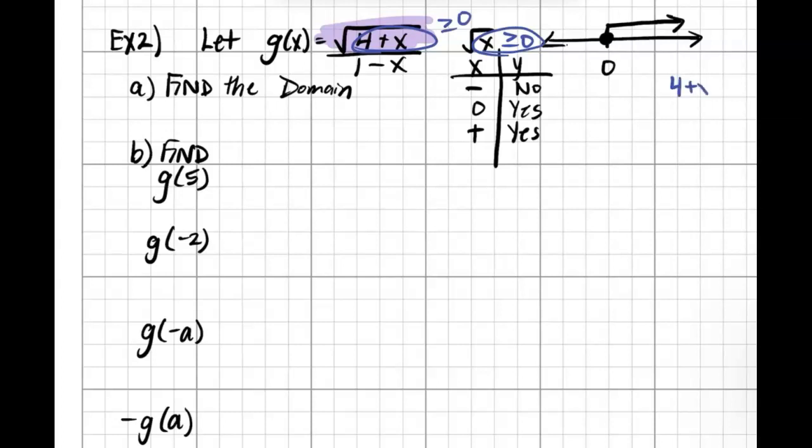So let's do that. Off to the side, I'm going to subtract 4. So that means that this function, because of the 4, my numbers aren't going to turn negative unless they go smaller than negative 4.